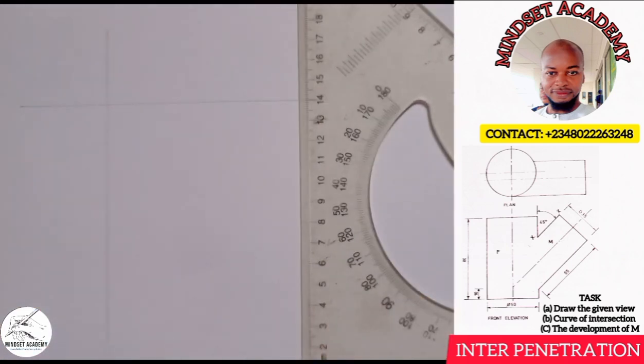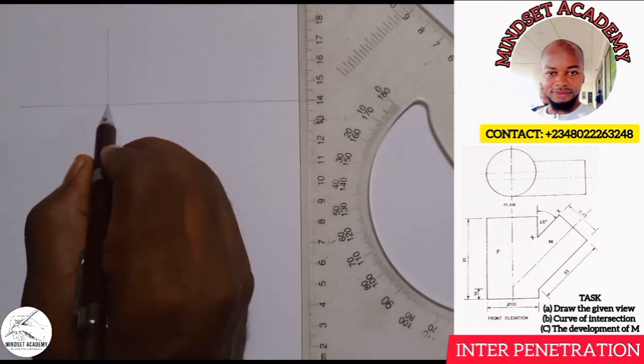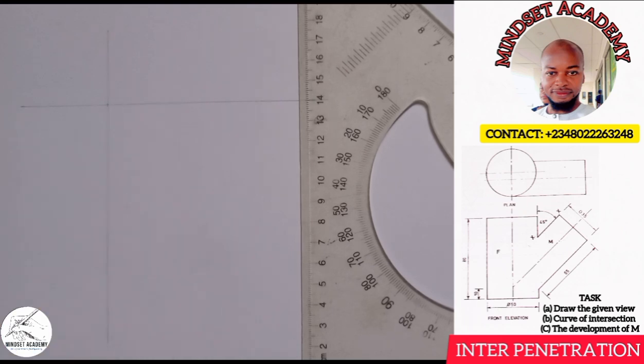Hope you can see that. Now where both lines meet, they are meeting at this point here. That will be the center of the circle in the plan, because this is the plan here and this is the elevation here. So we're doing that.